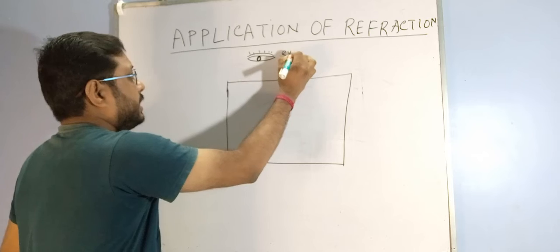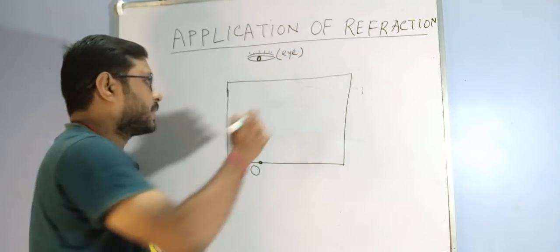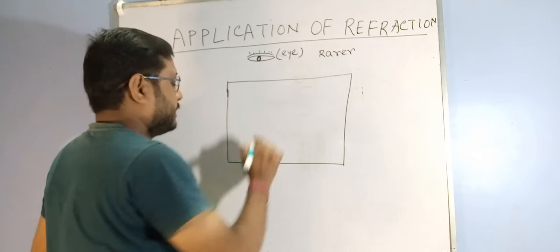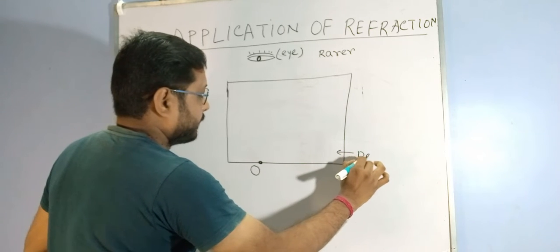This is the eye. Now this is optical rarer medium and the object is placed in optical denser medium.